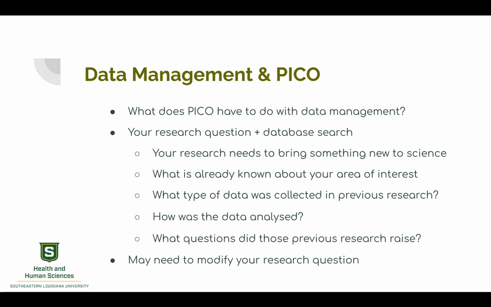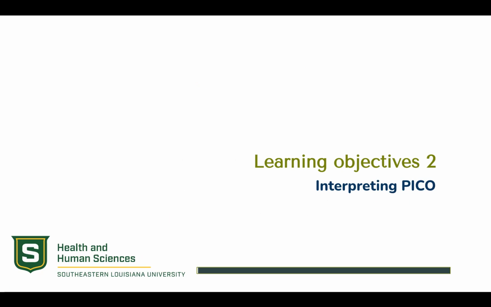For example, when you started your research question, maybe you were on a blank slate, but by the time you've done a good database search, which PICO helps you come up with, you may end up modifying your research question, whereby you may end up asking a different research question, or you may collect different data, or you collect the same data that was used before, but you decide to analyze it in a different way. So those are some of the things that PICO does for you.